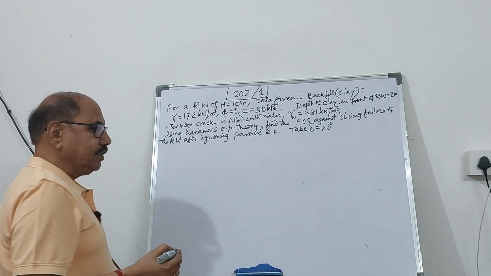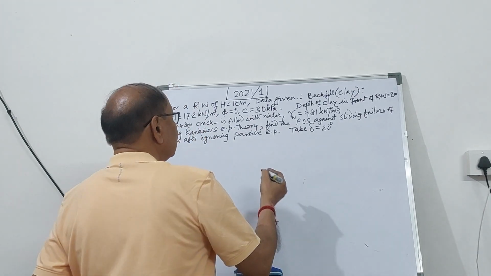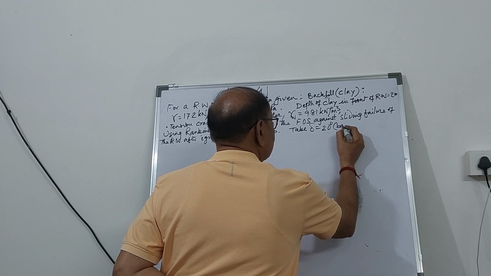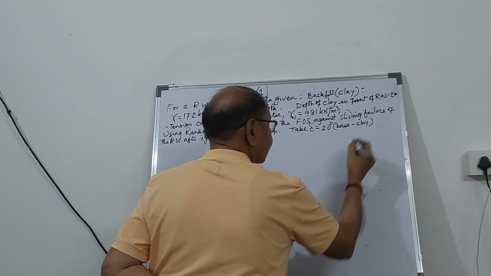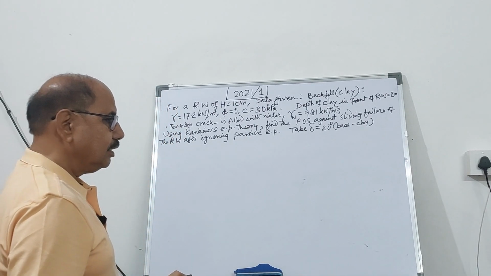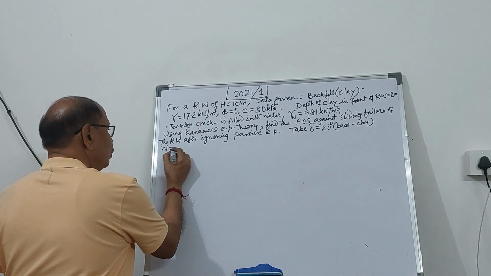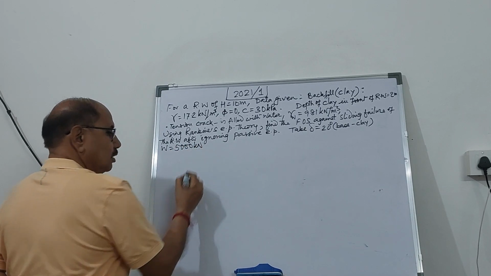This 20 degrees is between base of the wall and clay. So that is the value of delta. It is given as 20 degree, and the weight of the wall W is given to you as 5000 kilonewton.